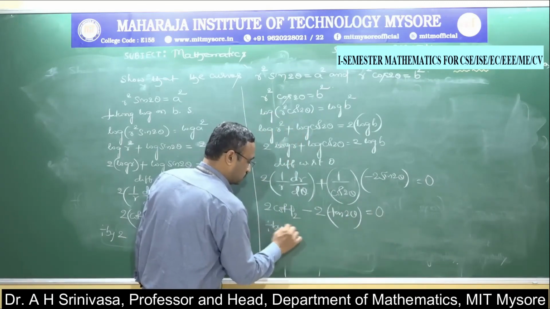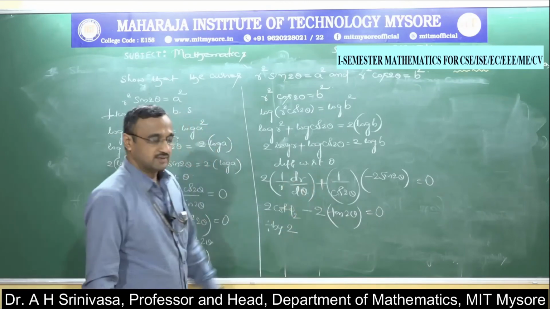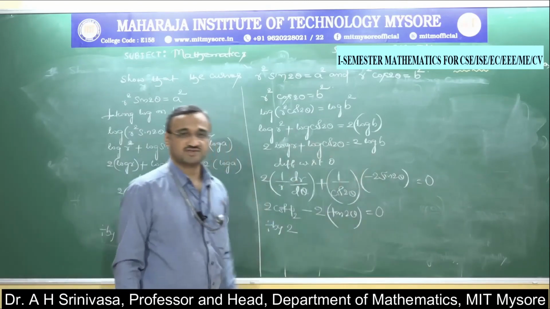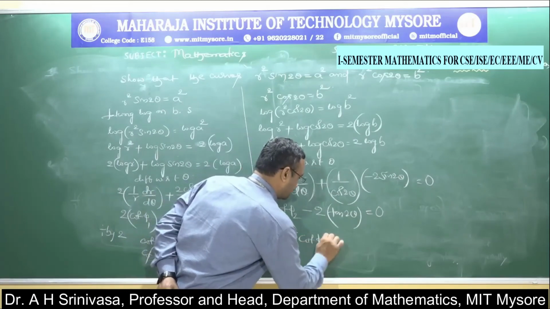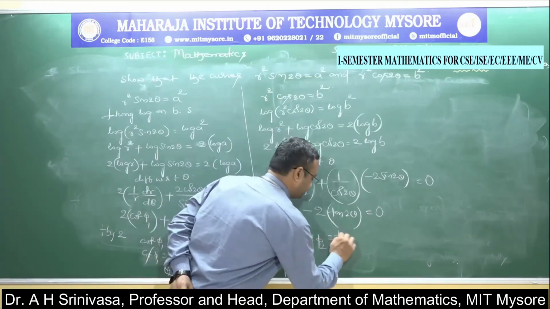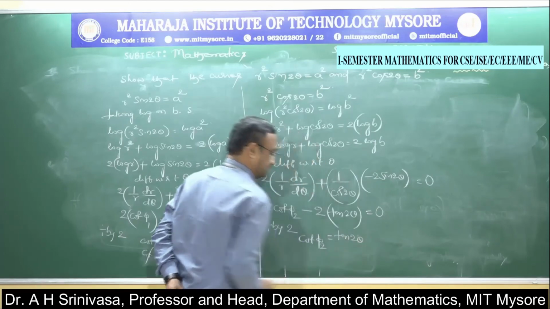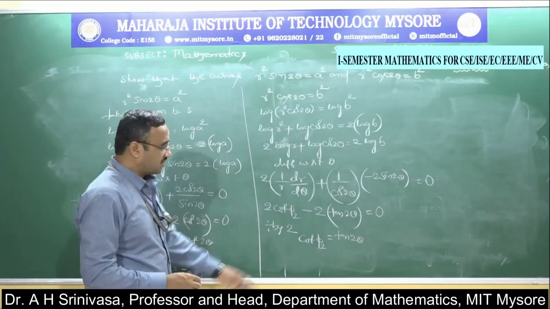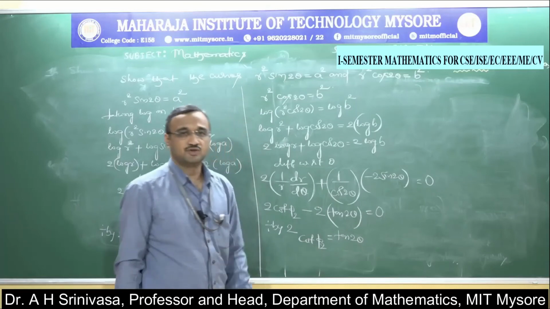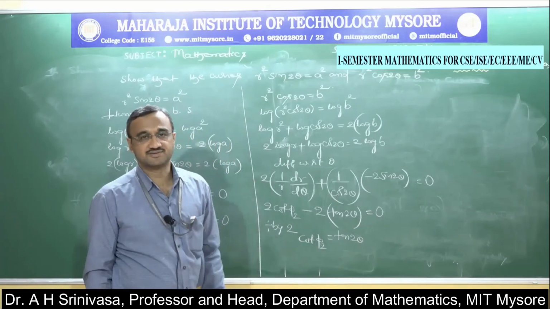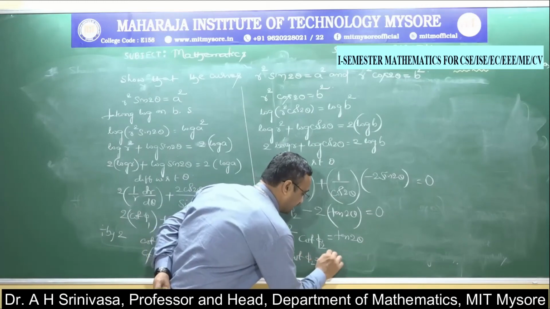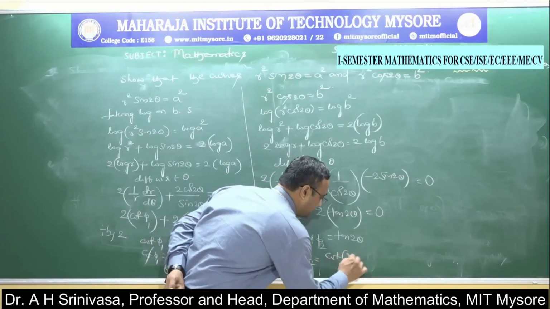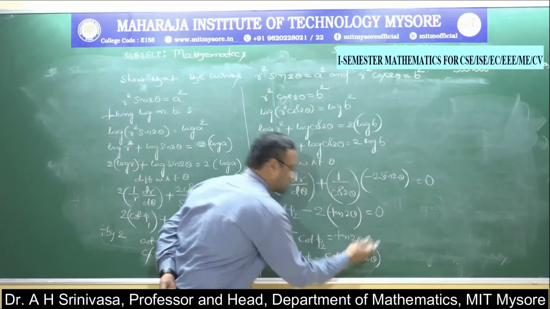Now divide by 2 on both sides. Then I have to transfer this function to the other side. They become cot phi 2 equal to tan 2θ. Now I want to find the value of phi 2 by using the concept of allied angles. This tan we can write as cot of 90 minus 2θ. You can also write it like this.